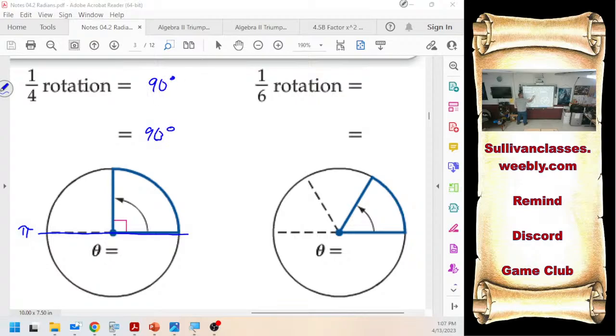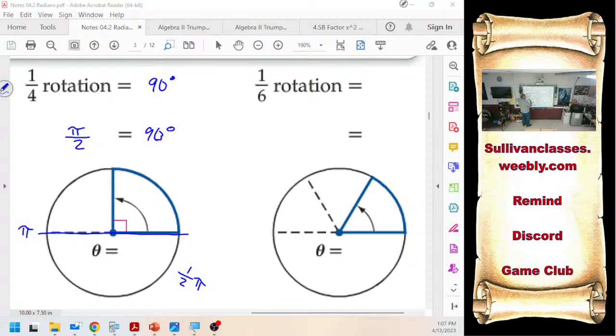So 90 degrees is, we call it pi over 2 radians. We're not going to write it as a coefficient, like don't say 1/2 pi. Just write pi over 2, okay?